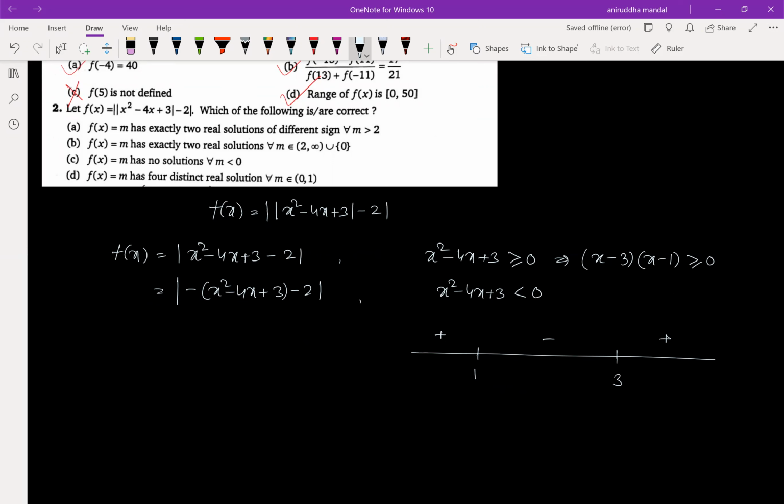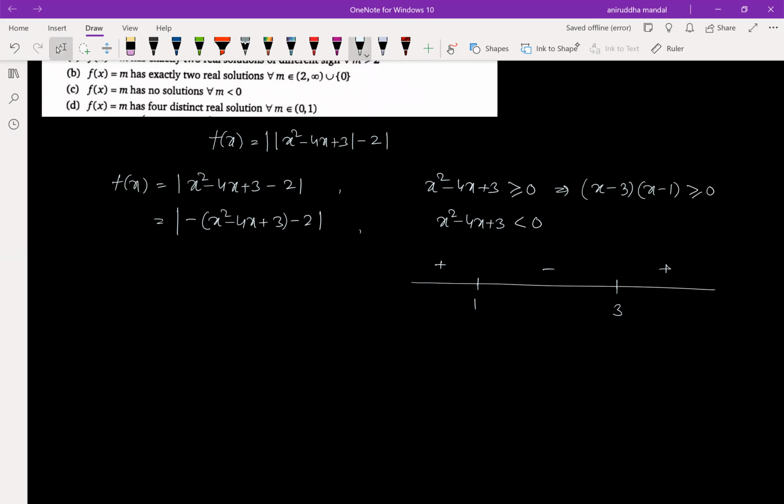Okay, so let's solve for the first equation. The first equation means x² minus 4x plus 1. Now this is another quadratic equation within the mod, so we can open this equation. When x is positive, f(x) is positive.